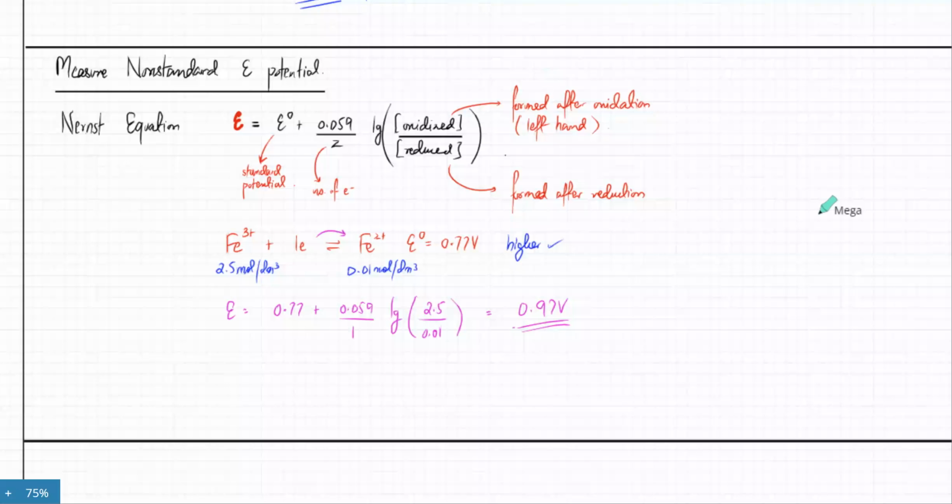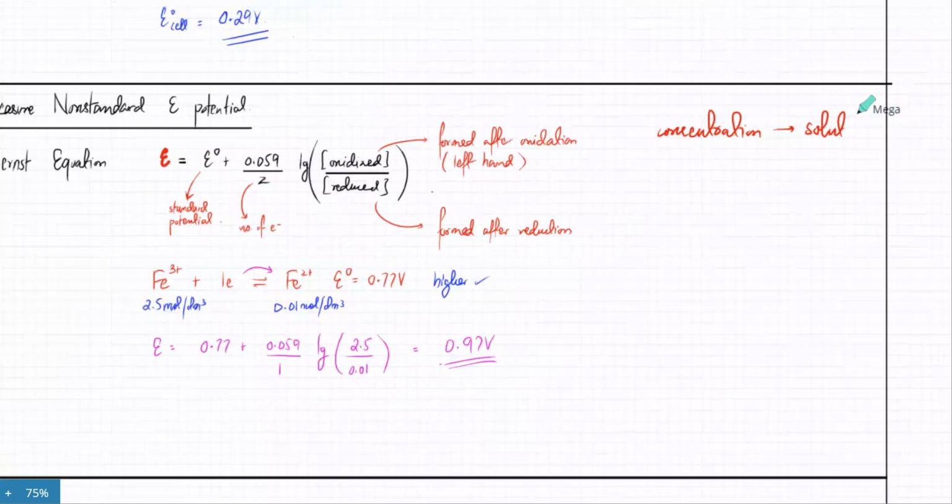Remember, concentration is a term that only applies to either solutions or gases. So whenever you hear the term concentration, that applies to solutions, aqueous solutions, or it applies to gases.